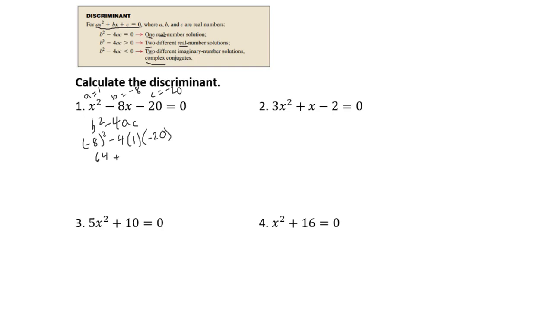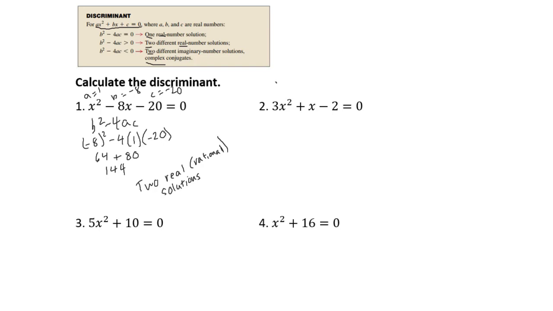Negative negative is positive, plus 80, which is 144. So this will be two real solutions. And since 144 is a perfect square, we can also say that it will be a rational solution.